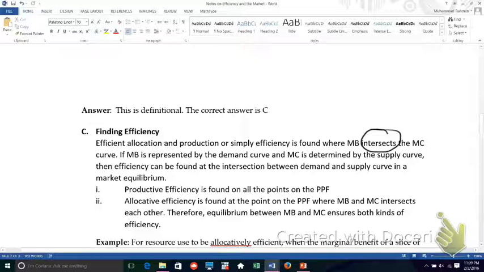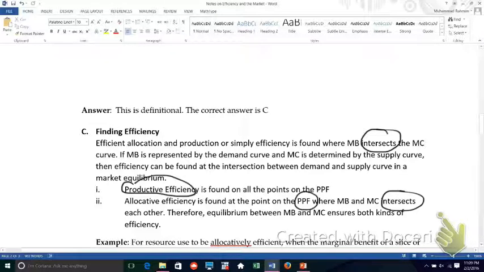Okay, so that is slightly illustrated in this idea. First of all, notice that productive efficiency is found at all points on the production possibility frontier, and then allocative efficiency is found at the point on the PPF where the marginal cost and marginal benefit curves intersect each other. So in equilibrium, when the marginal benefit and marginal cost curves intersect, we find economic efficiency. Now, what is important to notice is that this same idea can be interpreted in a market setup.